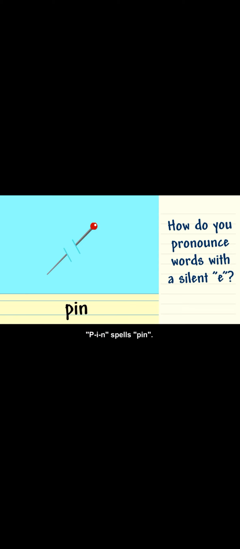How do you pronounce words with a silent E? Remember, the silent E is silent, which means you don't pronounce it. But the silent E can change the sound of a vowel from short to long. P-I-N spells pin.